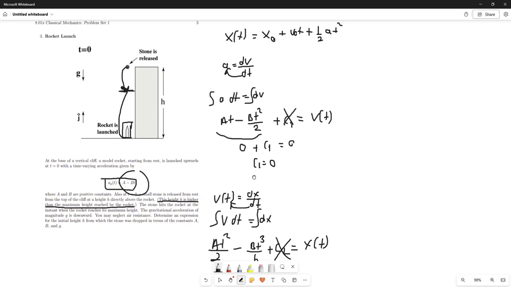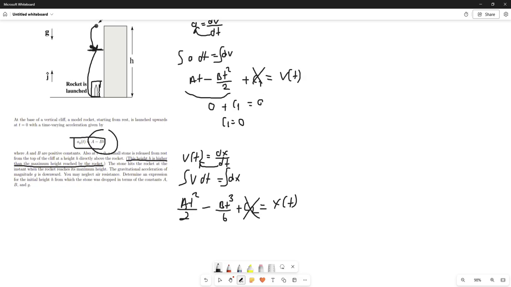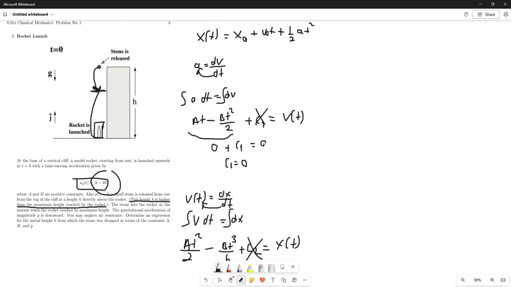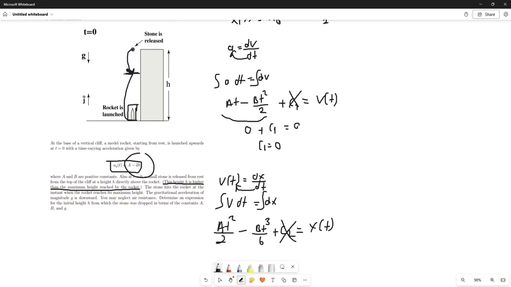So we found the location function for the rocket, but we didn't find the location function for the stone. How do we find this? As you can see guys, the acceleration for the stone is constant and equal to g, gravitational acceleration.